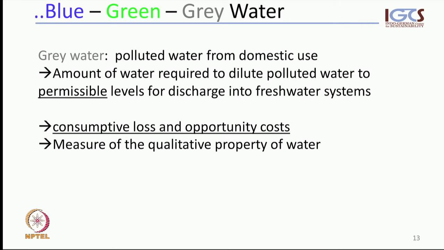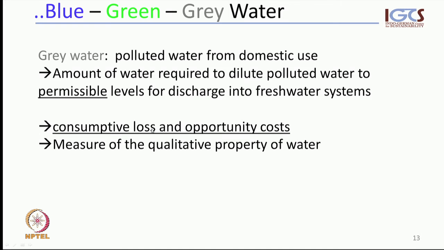So we are not increasing the availability as such, we are just differentiating between qualitative properties. And it can be coined into a financial figure, into consumptive losses and into opportunity costs. We will come back to these concepts at a later stage.